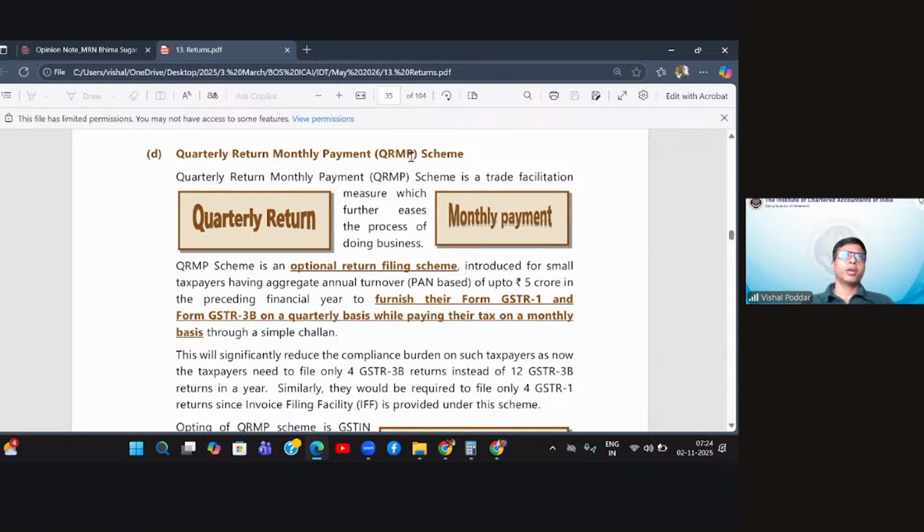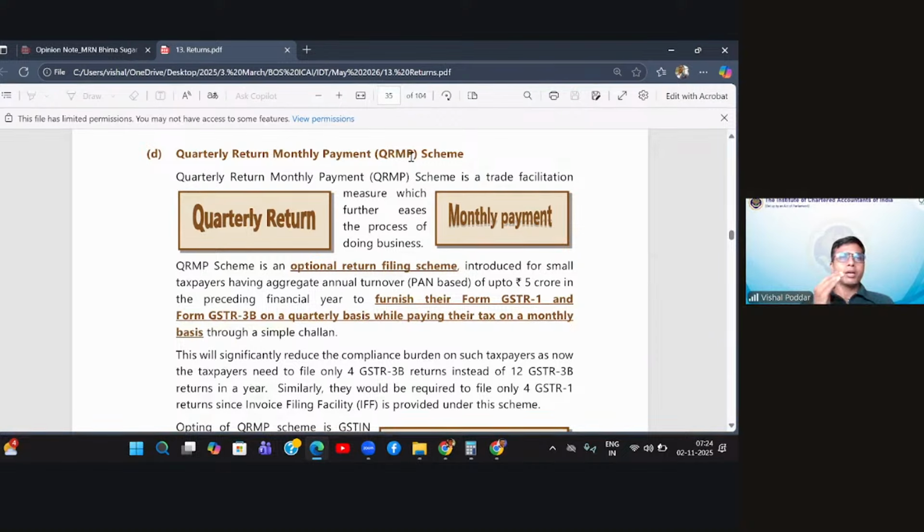In QRMP, I still have to file both GSTR 1 and 3B quarterly, but I have been given the option that I can start paying my tax monthly. So taking the example of this current quarter which has started, October, November, December, these 3 months form my third quarter of the year.